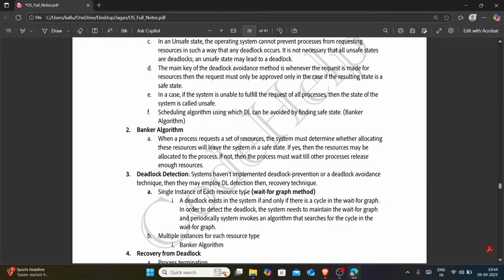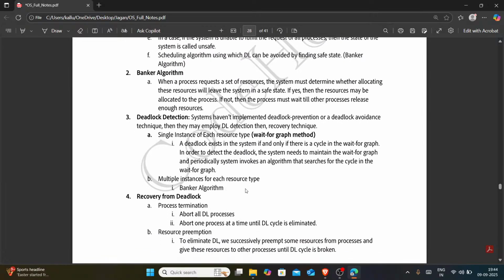Deadlock detection. If systems haven't implemented deadlock prevention or avoidance techniques, then they may employ deadlock detection and then a recovery technique. For a single instance of each resource type, use a wait-for graph.